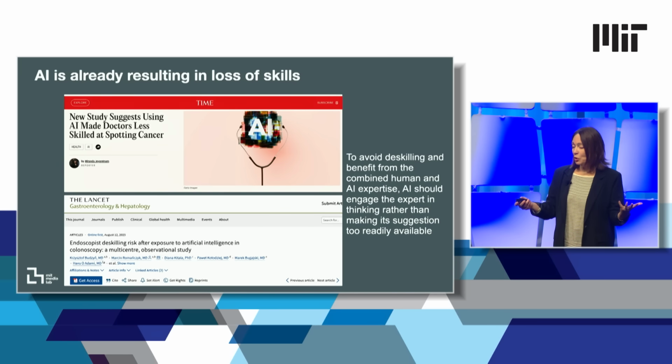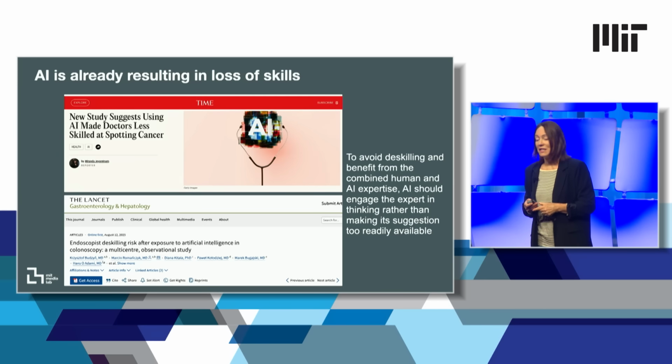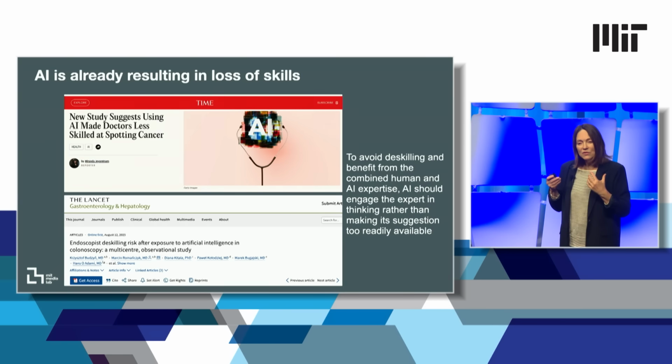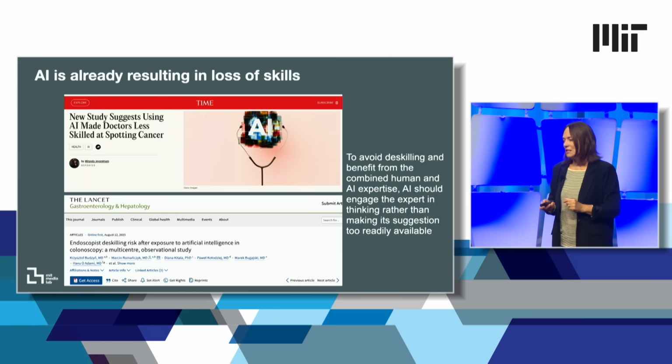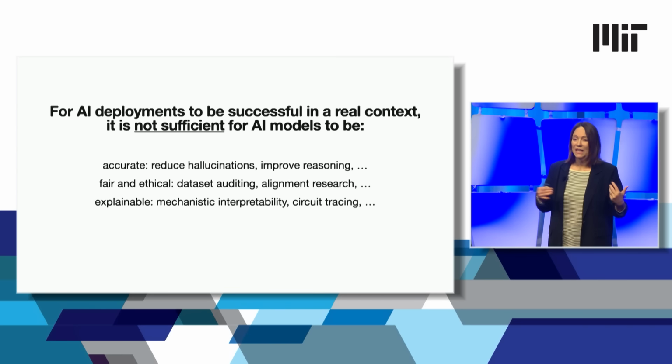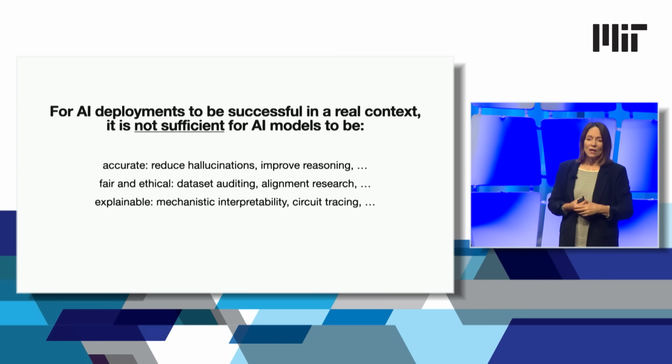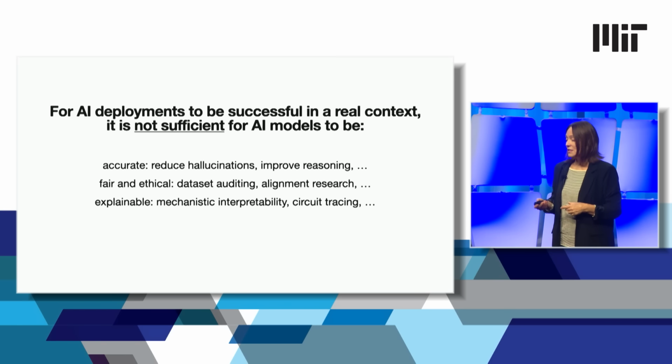Is this what we want, or do we want to benefit from both the expertise of the AI and the expertise of the doctor? We need to think about how to design these systems so that they really still engage the doctor and not just make it too easy to just rely on the system.